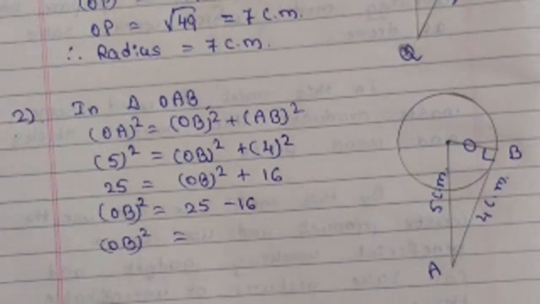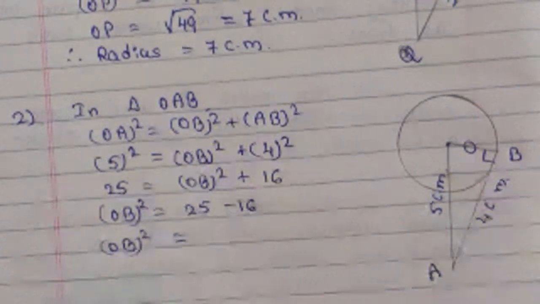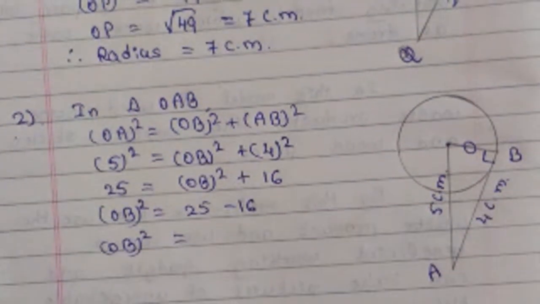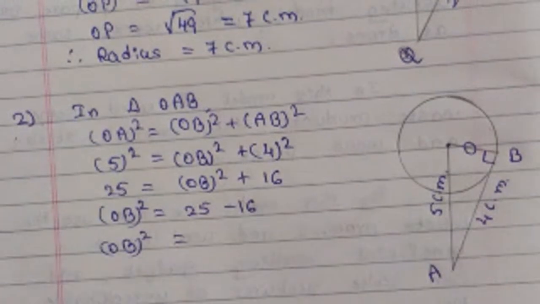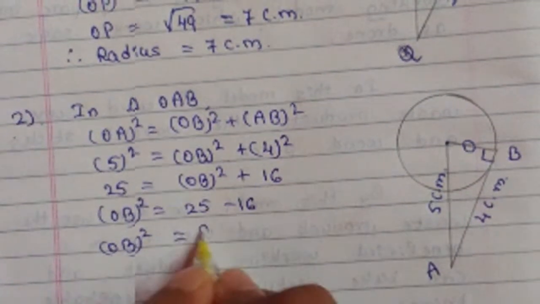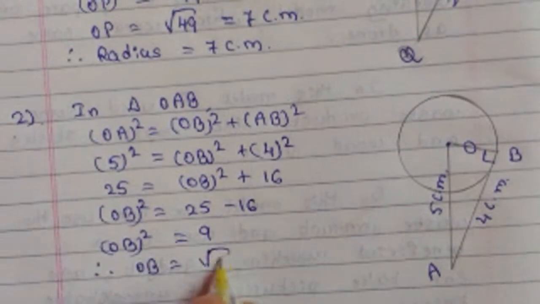OB square is equal to 25 minus 16. Yes, it is 9. So OB value becomes the square root of 9.